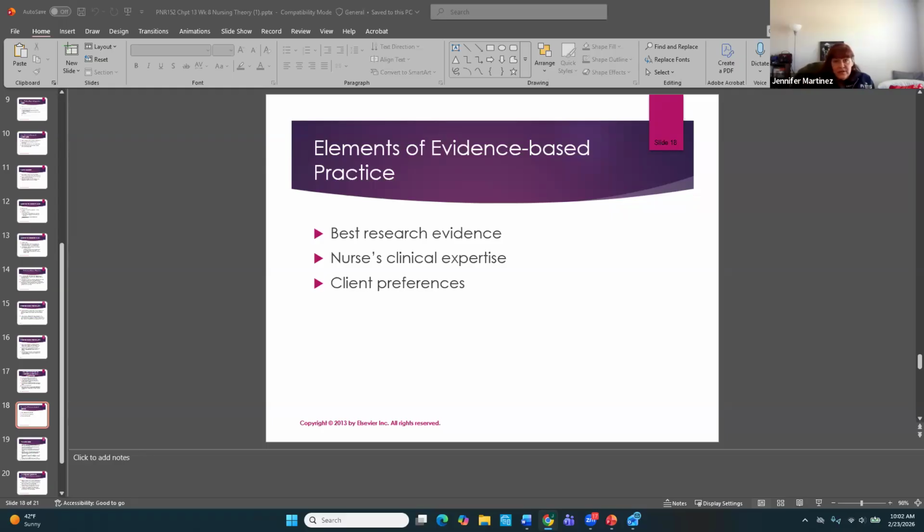We want to take the research and make sure that what we're doing is appropriate and the most current option. You're going to use your clinical expertise as well, and we are going to incorporate the client preferences, because that is a big part of our nursing process and how we provide care.